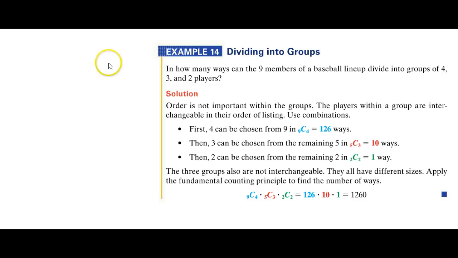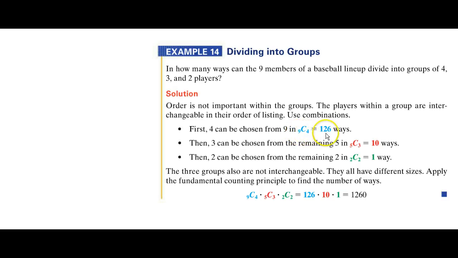Now, as we look through all of these, your textbook and notes are going to be super critical because you will use them as a model, a guide. Here we're going to have 9 basketball players divided into groups of 4, 3, and 2 players. So in a sense, there are 3 different combinations going on here. The first, out of 9, you're going to select 4.